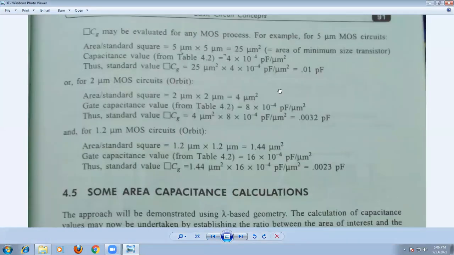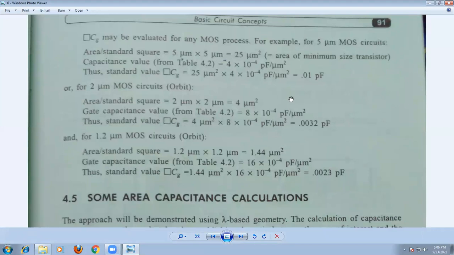Now just observe here, in 5 micrometer technology, 1 square Cz is equal to 0.01 picofarad.